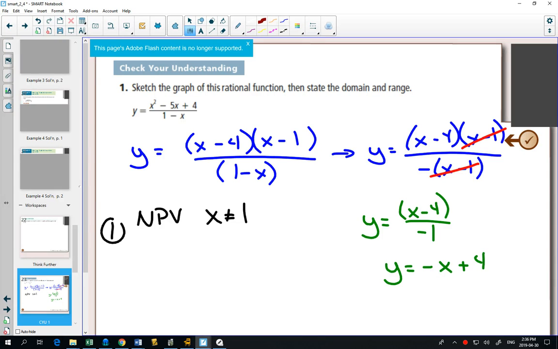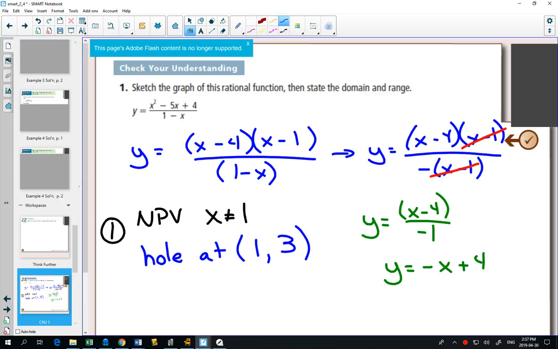Step 1, we have a hole. We have a hole at 1 comma somewhere. Where's the somewhere? 3. How do we know it's 3?